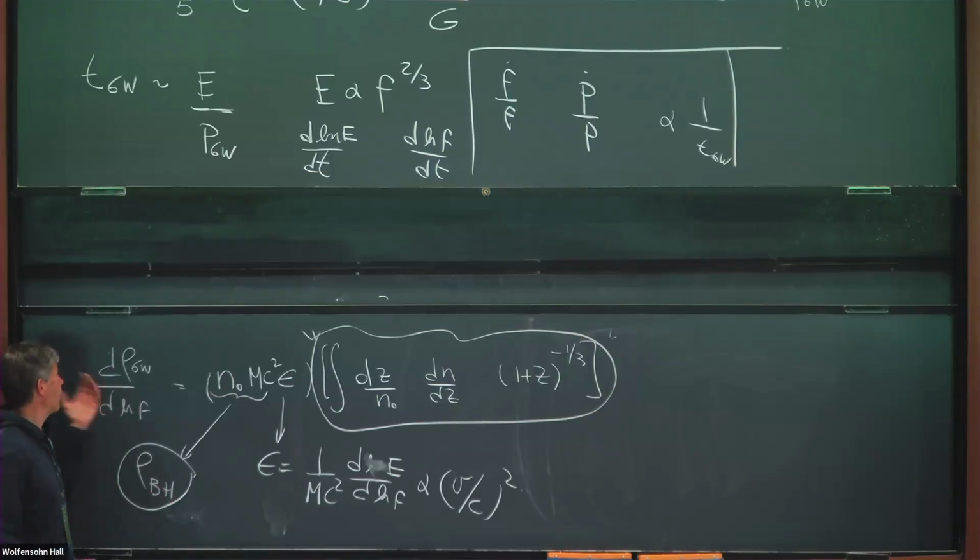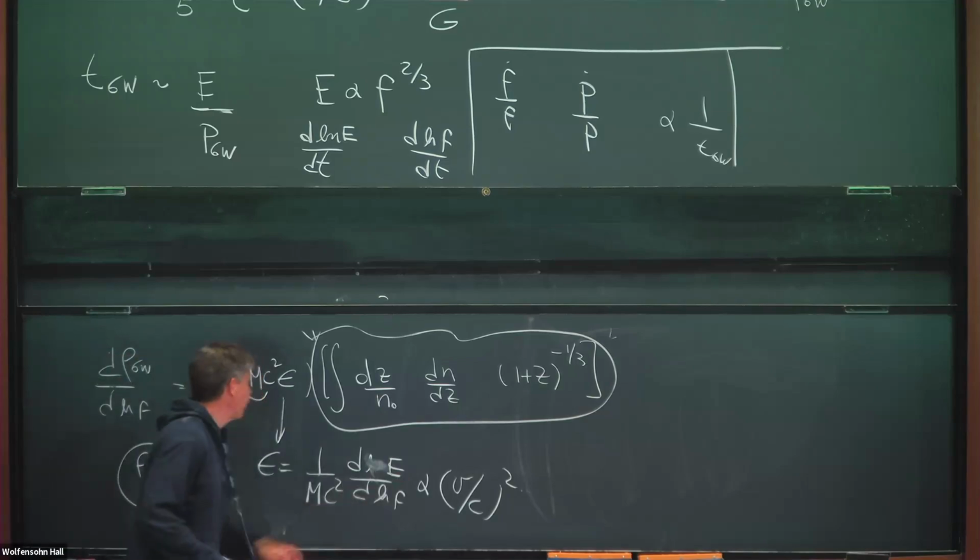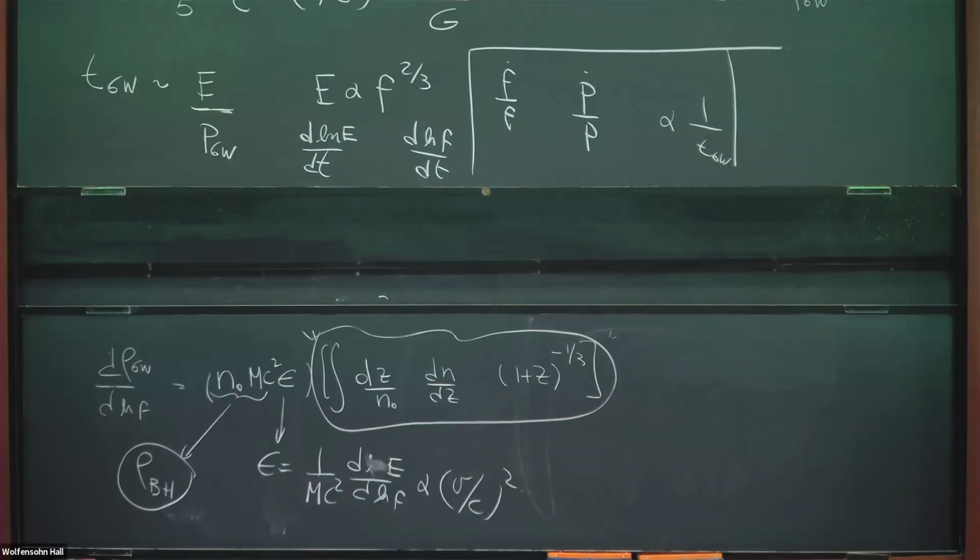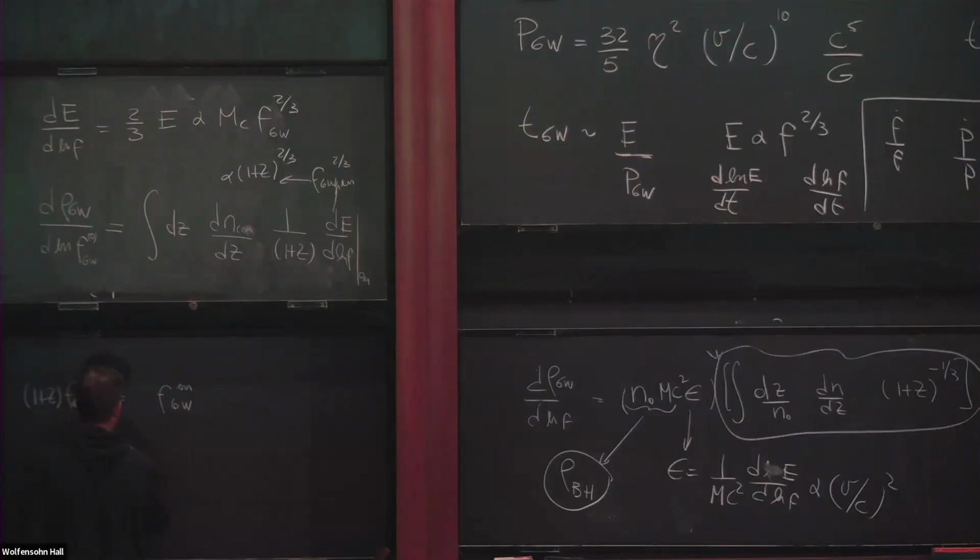So this now gives me a relationship between the energy in the background of gravitational waves and, if you want, the energy or the mass density in the black holes around us. So now if I can estimate this using some other observations, remember that v cubed was just G m pi f, right?